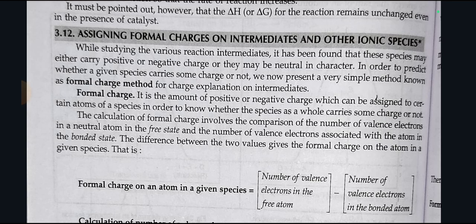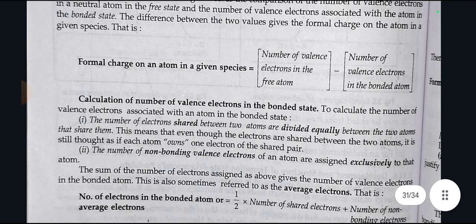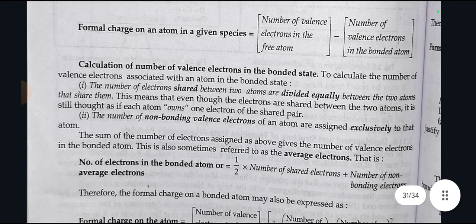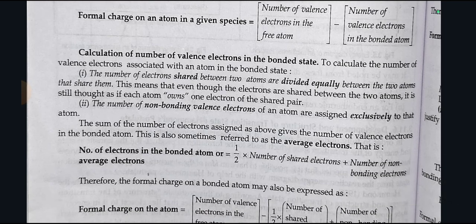The difference between the two values gives the formal charge on an atom in a given species. That is, formal charge on an atom in a given species is equal to the number of valence electrons in the free atom minus the number of valence electrons in the bonded atom.